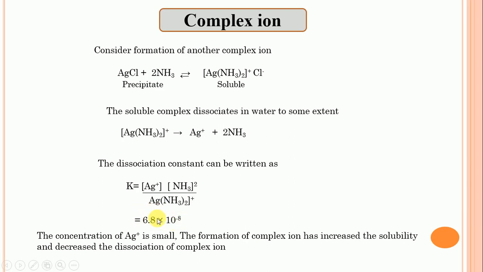So this value is again lower, that means a moderate value, not a very high value. So 6.8 into 10 raised to minus 8 is moderate. Then the Ag plus value is again moderate, that means again it is a lower value.